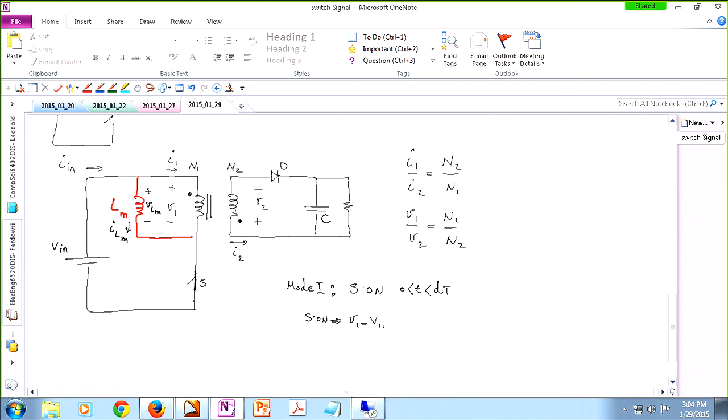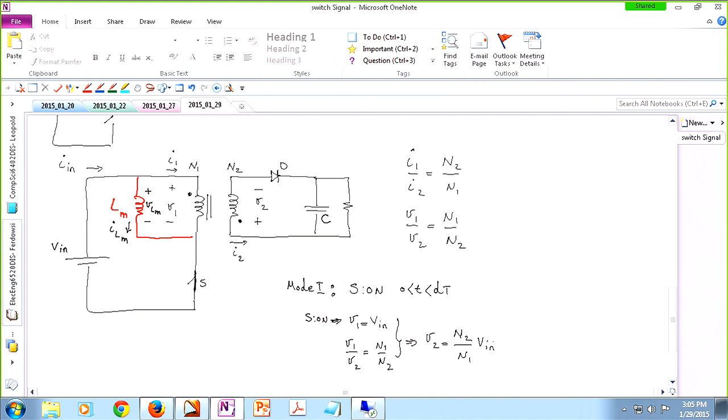The primary side voltage of the transformer is Vin, the source voltage. Also, we know for any ideal transformer, V1 over V2 is N1 over N2. So we can find V2. Okay, something like this.